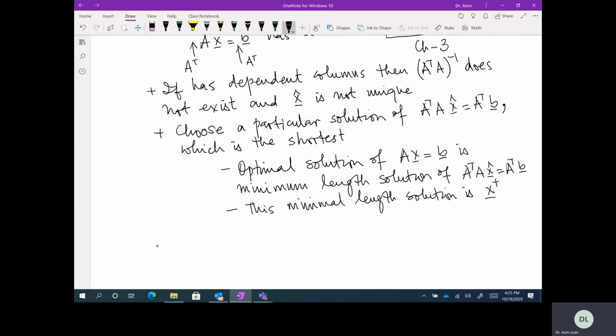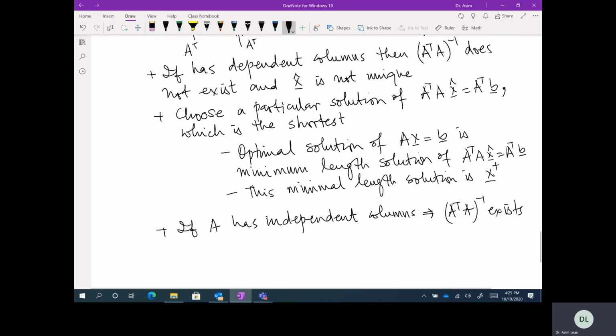Okay. And if A has independent columns, this implies A transpose A whole inverse exists.